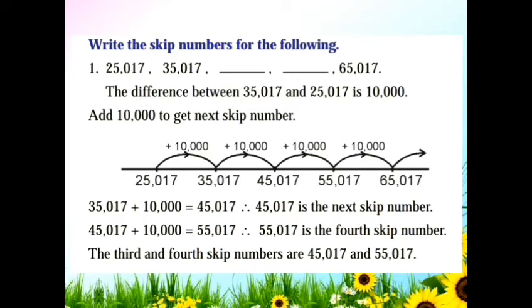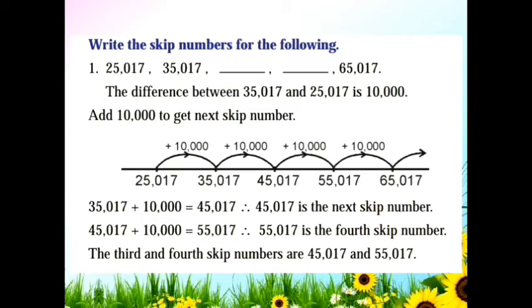Observe the screen, children. 25,017 plus 10,000, we get 35,017. 35,017 plus 10,000, we get 45,017. 45,017 plus 10,000, we get 55,017. 55,017 plus 10,000, we get 65,017. These are the skip numbers. Understood, children?